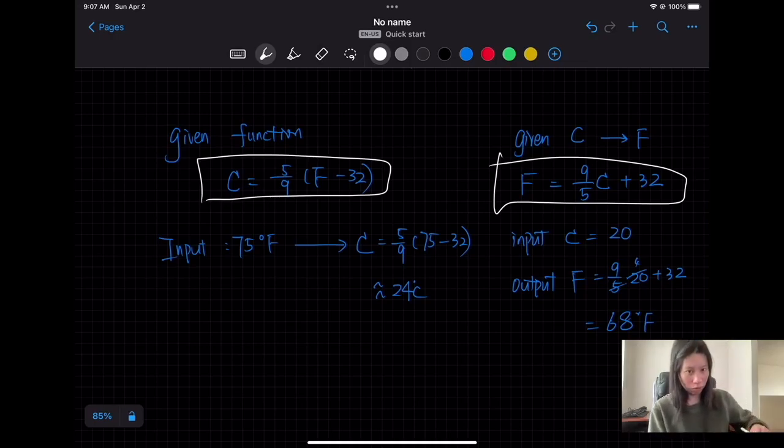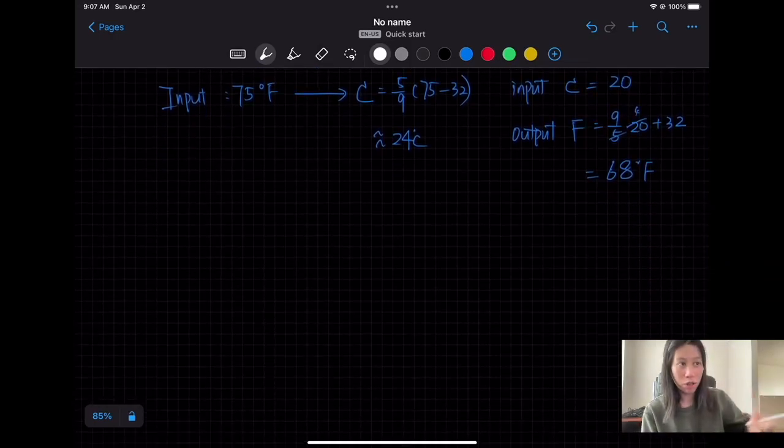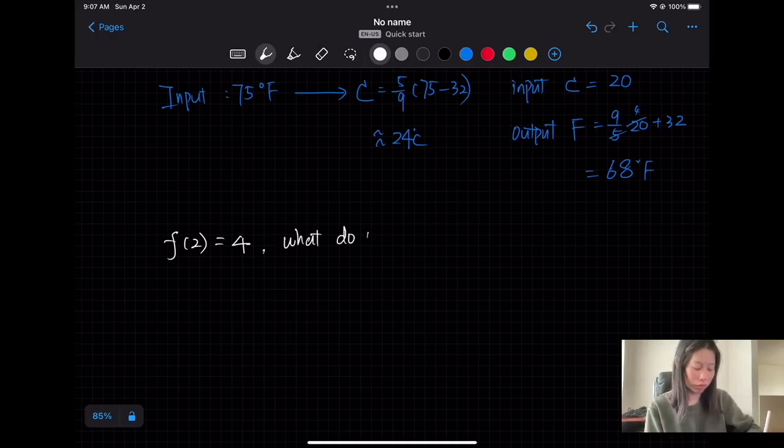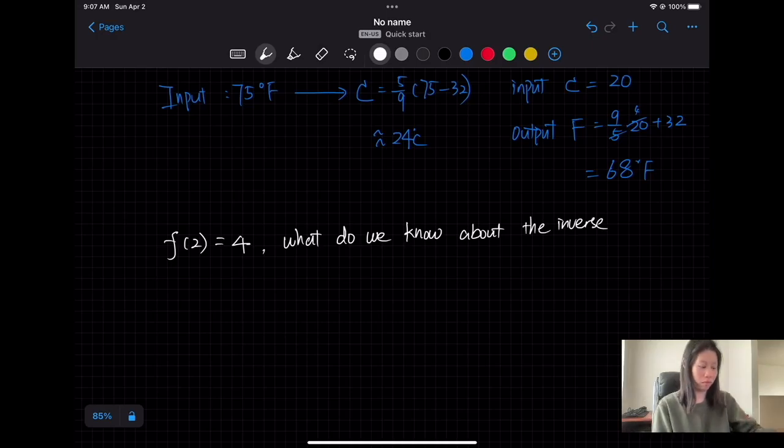All right. So in a particular function, what do we know about it? If I give you a function f(2) equals 4, what do we know about the inverse? Well, the inverse function reverses which quantity is the input and which quantity is the output.